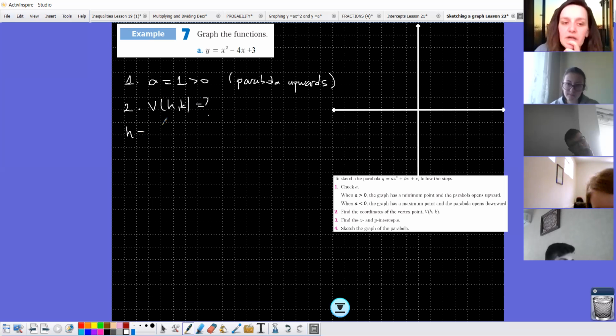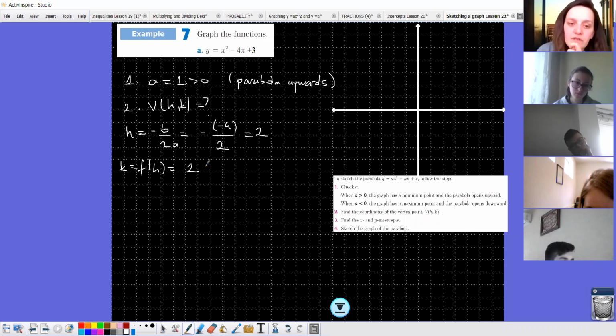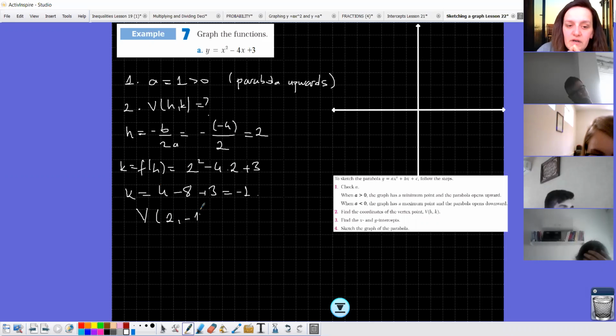So h is minus b over 2a. Minus minus 4 over 2 times 1, and it will be 2. H will be 2. So k is f of h. And then it will be 2 squared minus 4 times 2 plus 3. So k will be equal to 4 minus 8 plus 3, which will be minus 1. So the vertex point is 2 and minus 1.